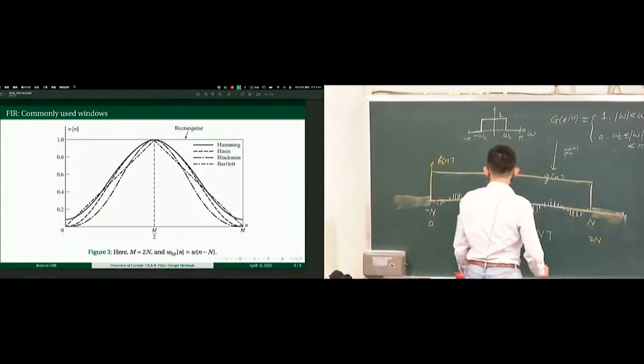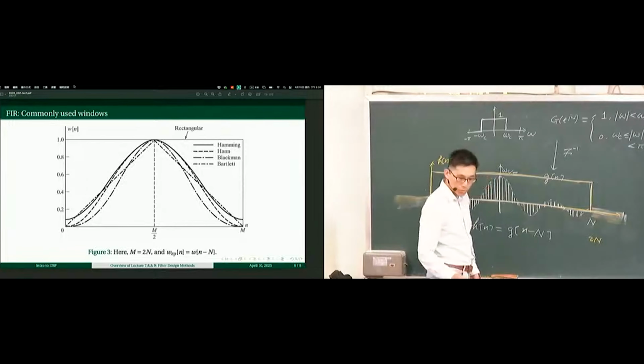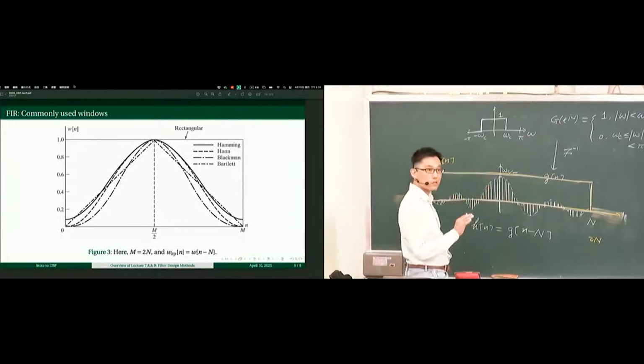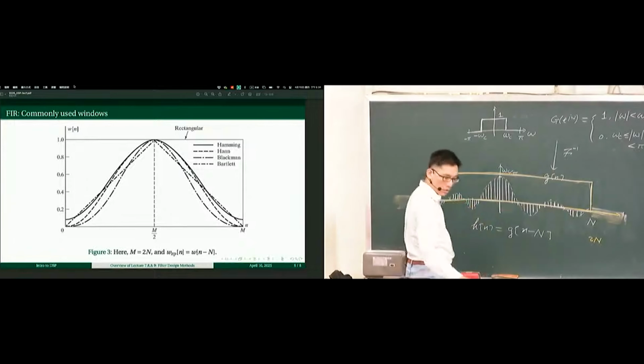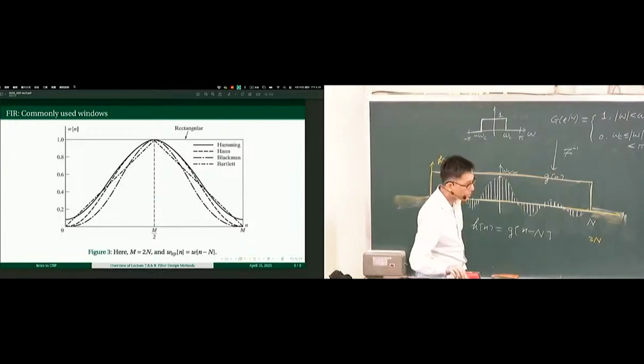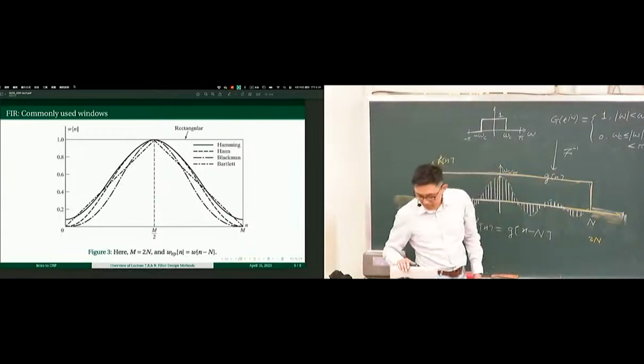So the idea is that now we are going to multiply h of n with w of n. That's the action of windowing. We're going to multiply h of n with the window function.